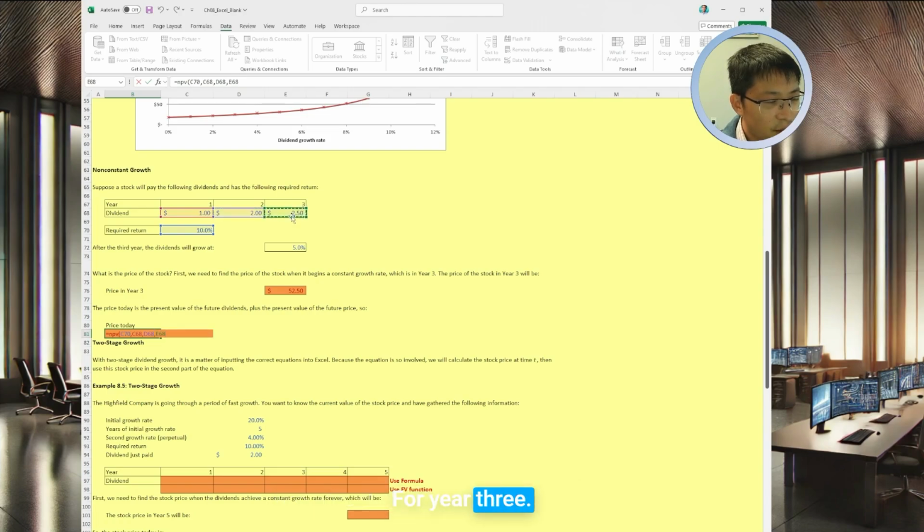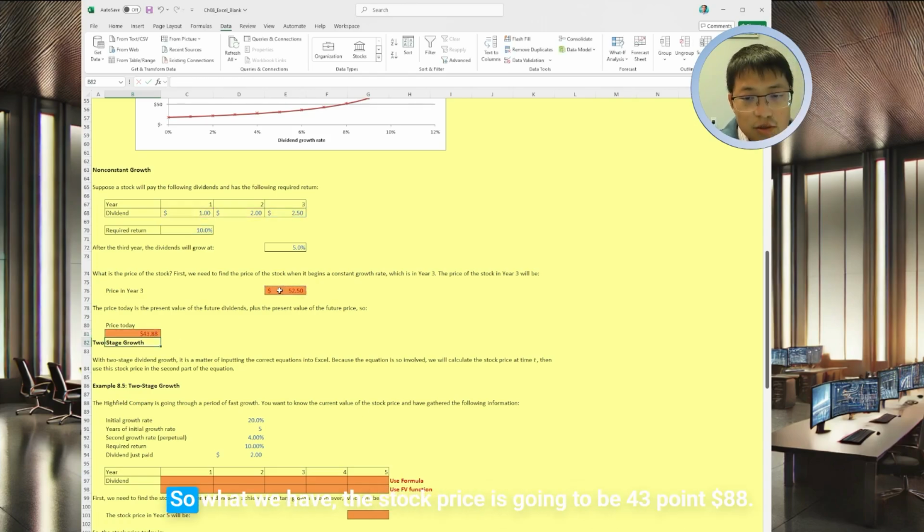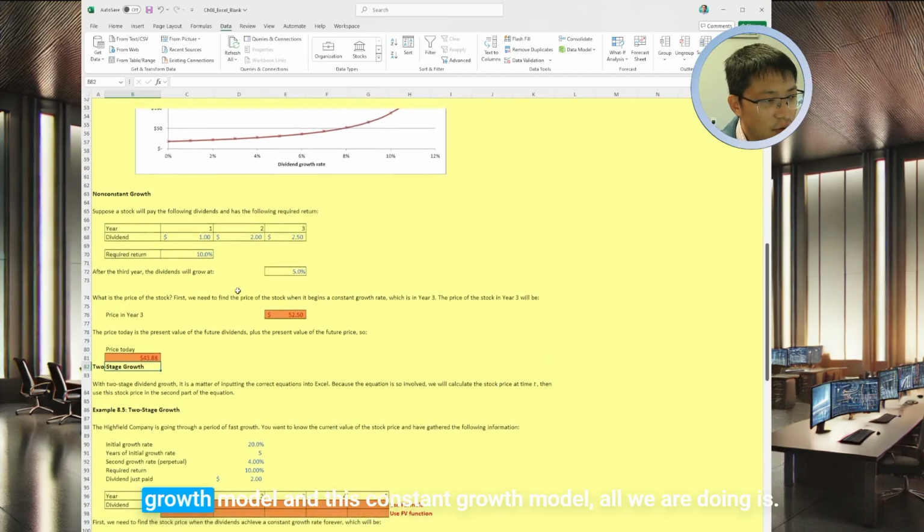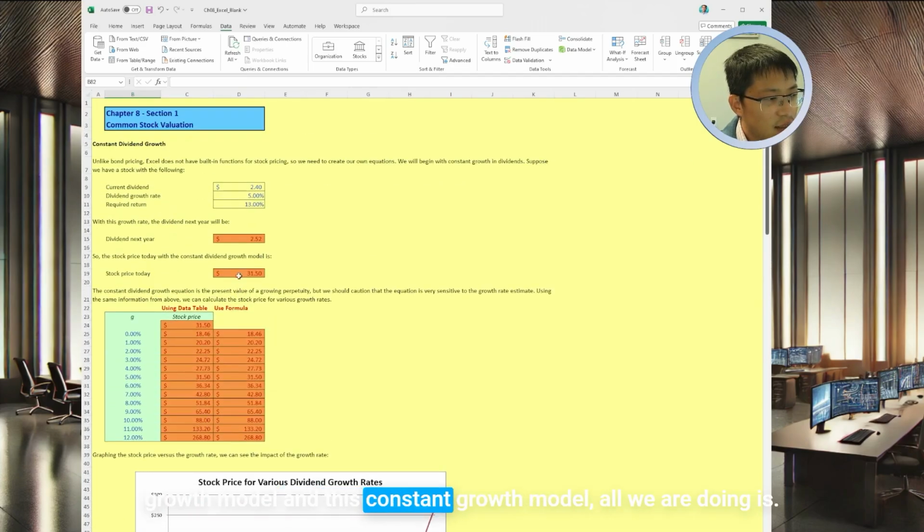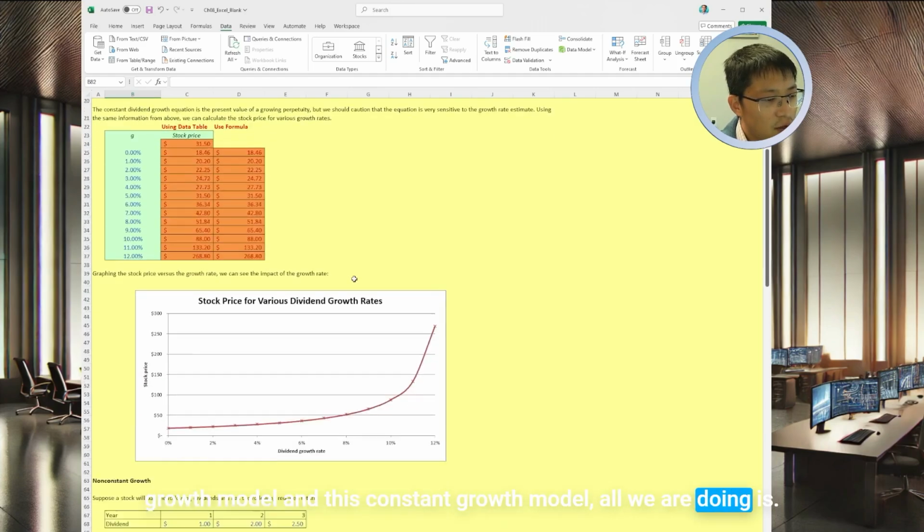Well, year 3, in addition to this dividend, we also have the price here. I'm going to add this price back to this equation. So what we have, the stock price is going to be $43.88.